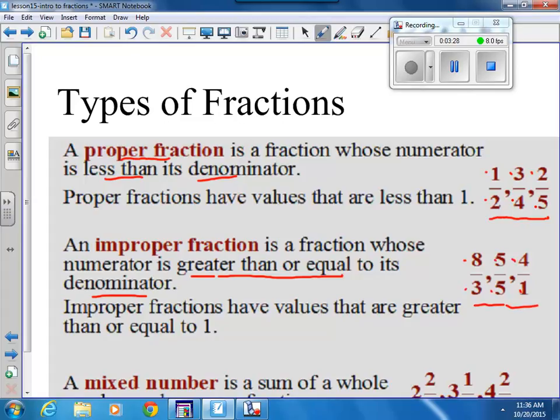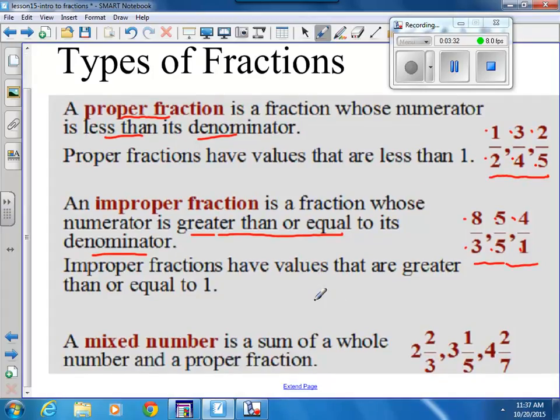So these are examples of improper fractions. And a mixed number, you see, is basically a sum of a whole number and a proper fraction. So 2 plus 2/3 can be written as 2 2/3, and 3 plus 1/5 can be written as 3 1/5. So we call that a mixed number.